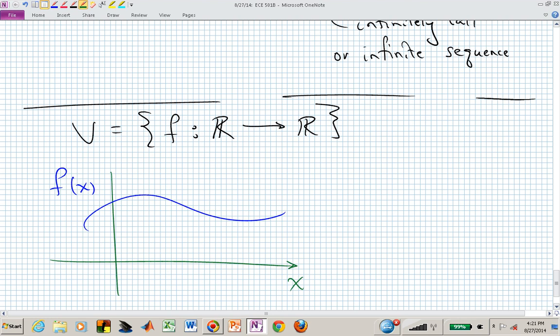That's just one of an infinite number of vectors that belong to that vector space, which is the set of functions f, such that you give me a real number, x, and it will map to another real number. That's a vector space.